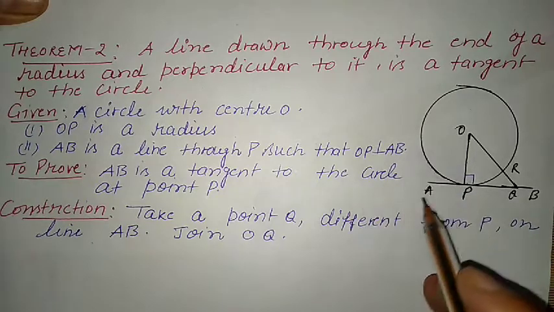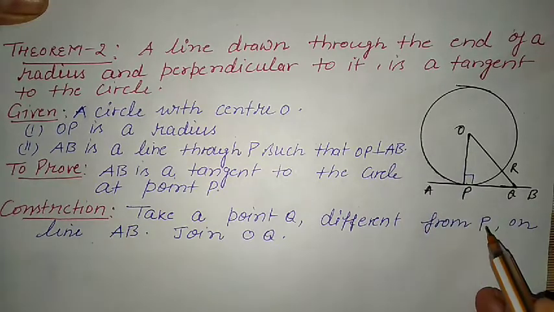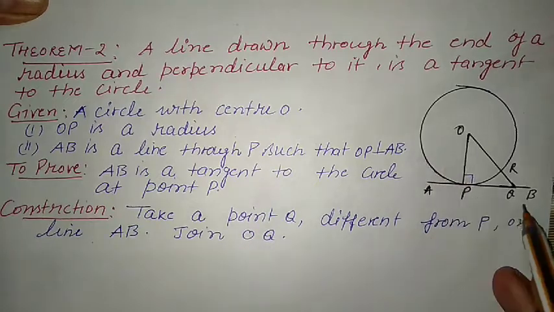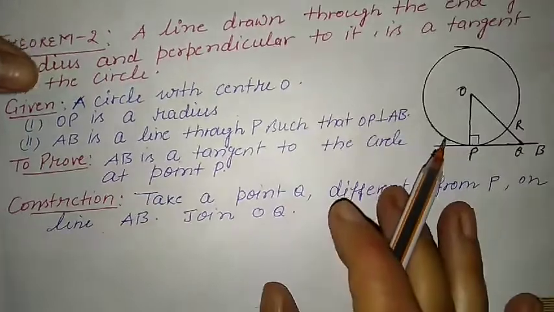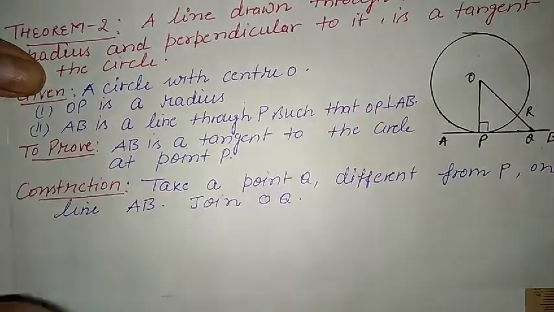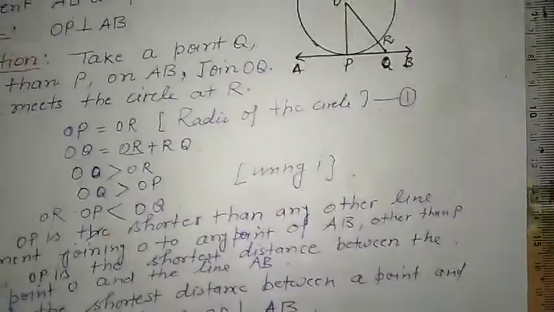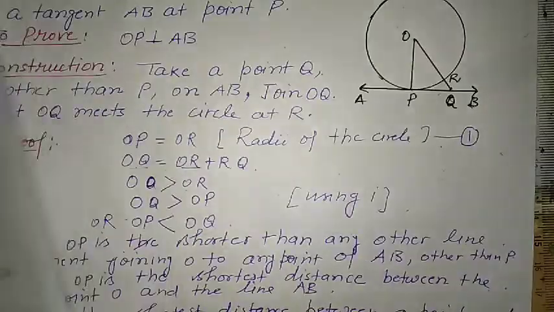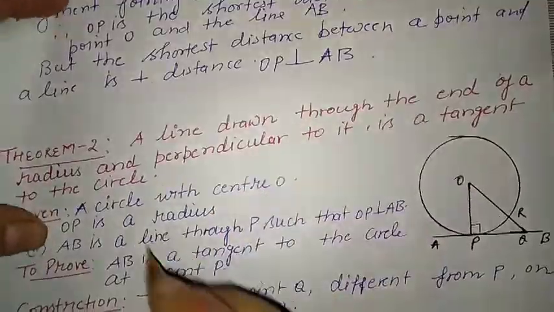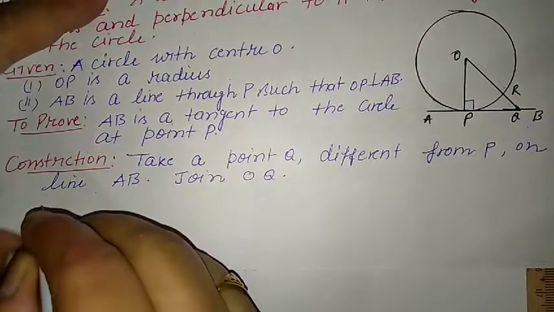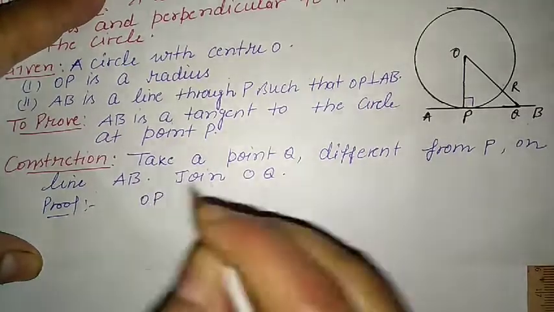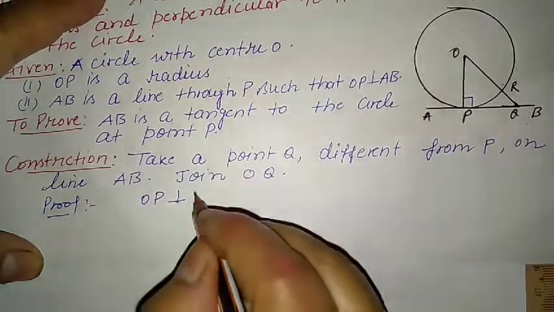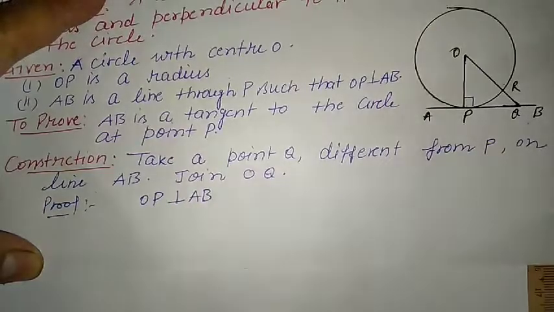Construction same: take a point Q different from P on line AB and join OQ, and it intersects the circle at point R. Now this time what can we write? Proof: OP is perpendicular to AB. This is given to us.